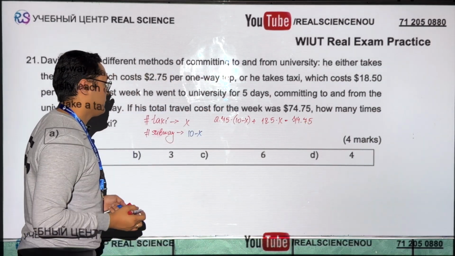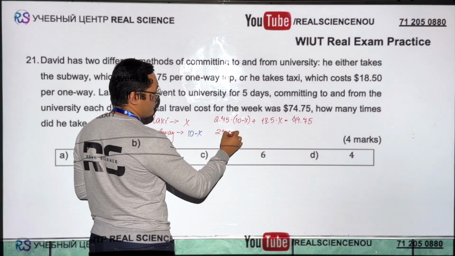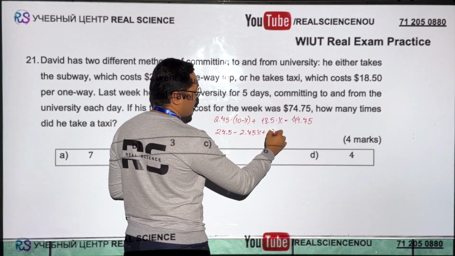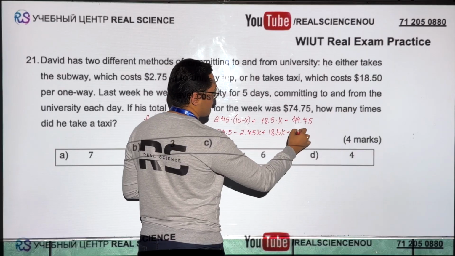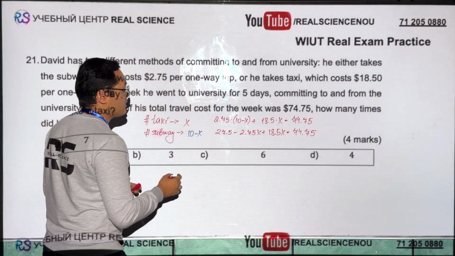Now we have to solve that. Let's open the bracket: 27.5 minus 2.75x plus 18.5x is going to be equal to 74.75.